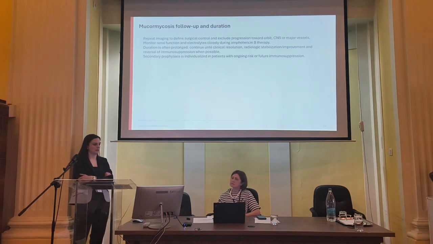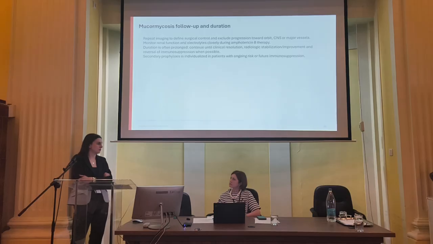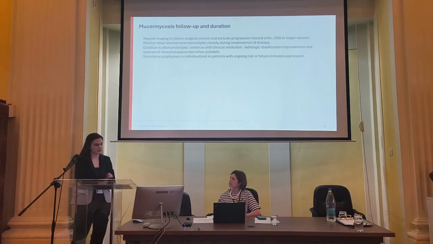We need to monitor the renal function and electrolytes because of the high dose of amphotericin B administered. The duration is often prolonged; we need to continue until clinical resolution, radiological stabilization and improvement, and reversal of the immunosuppressives if the patient was receiving them before the infection.